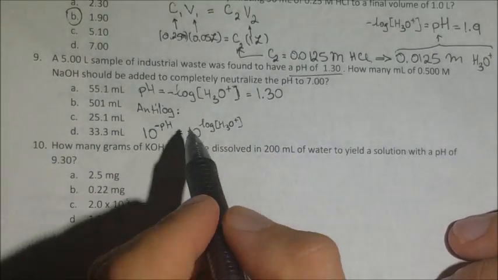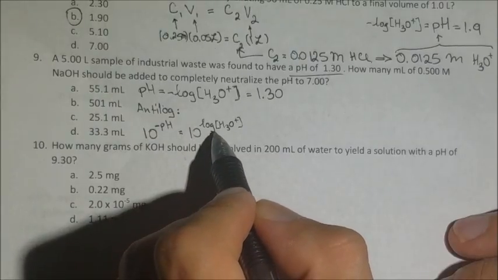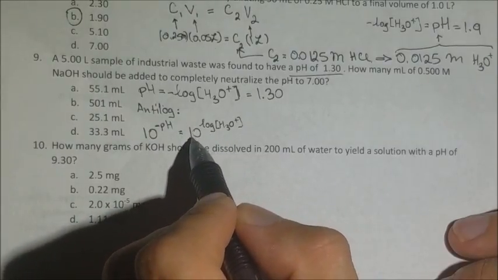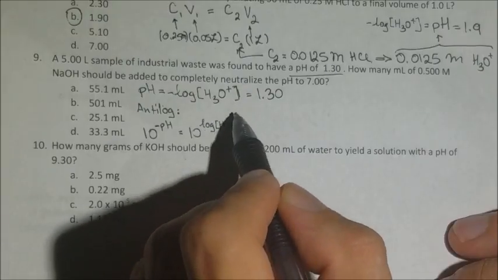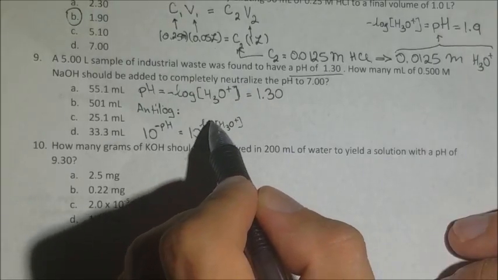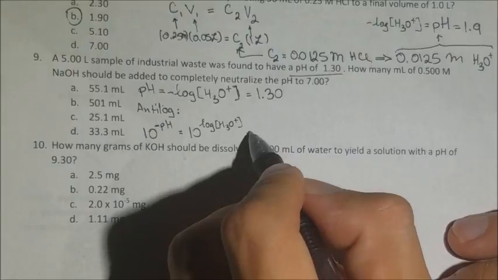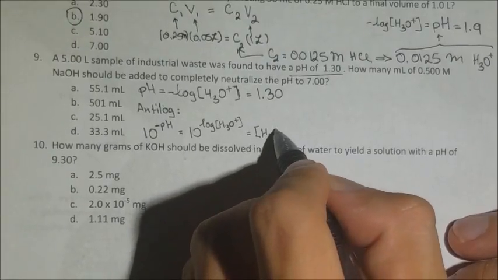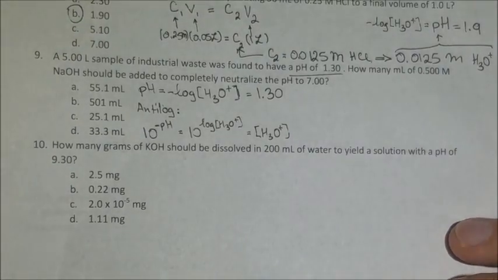Now, because this is log base 10, raising 10 to the power of the log of the hydronium concentration cancels out the log. And so this provides for us the H3O plus concentration.